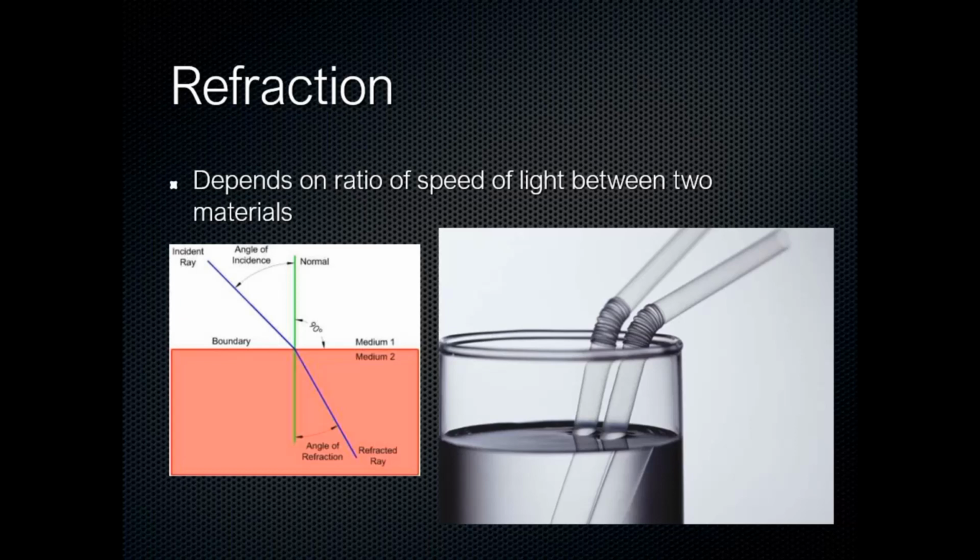And refraction is going to be based on an equation we haven't done yet, which is essentially the ratio of the speed of light between the two materials. So if we have water and glass and air here, so we actually have three materials here, you can see that the water has a strong refractive index relative to the air, and we end up being able to see the straws greatly enlarged and displaced from what is apparently the path going down.